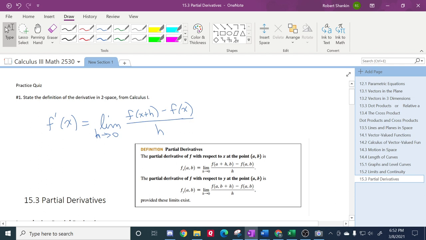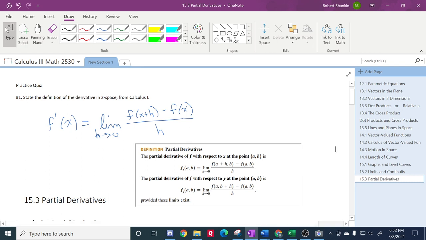When there's more than one, the prime doesn't make sense anymore, because which variable are you talking about? How sensitive? If you want to talk about what happens when both are changing, we'll eventually get to that, and that's going to be a gradient.